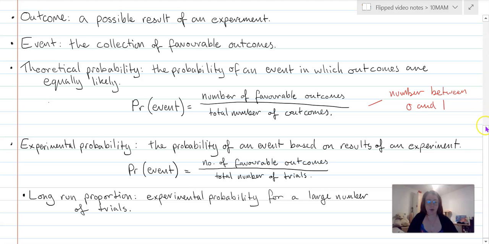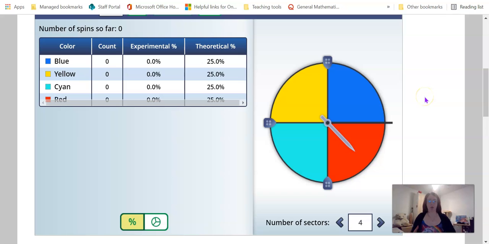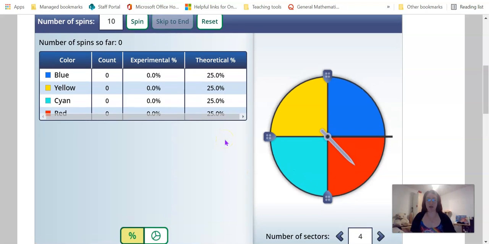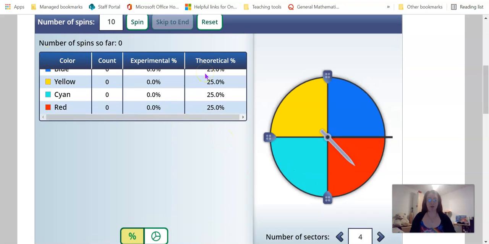Just to show you the difference between experimental and theoretical probability, here we have a spinner. We can see there are 4 different colors, 4 sections, and our theoretical probability is 25% or 0.25, because it's 1 over 4, the one favorable outcome divided by 4 possible outcomes.